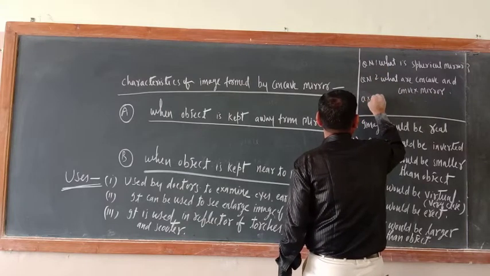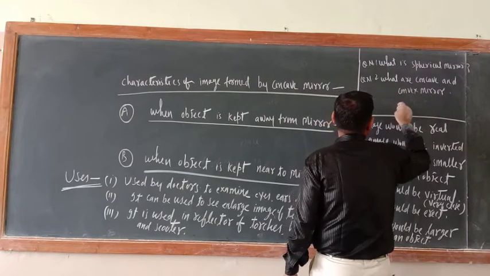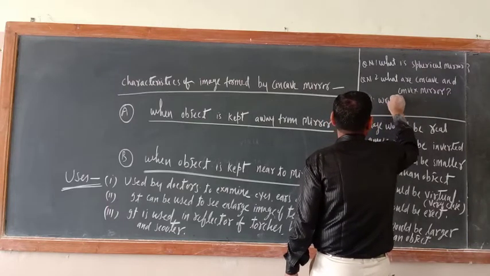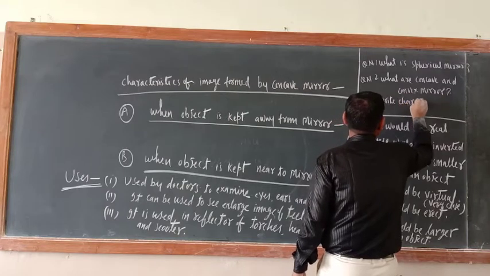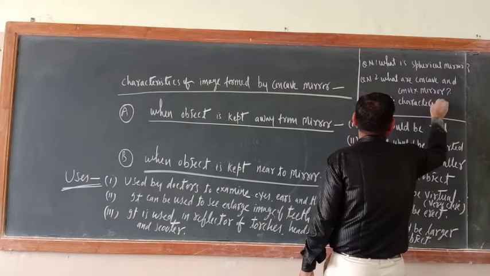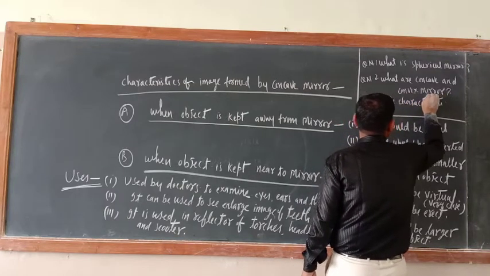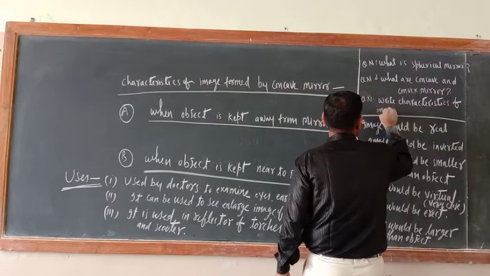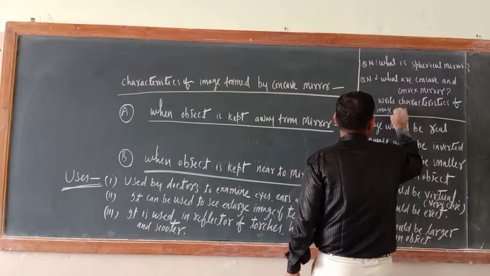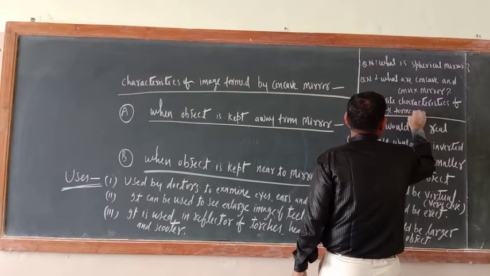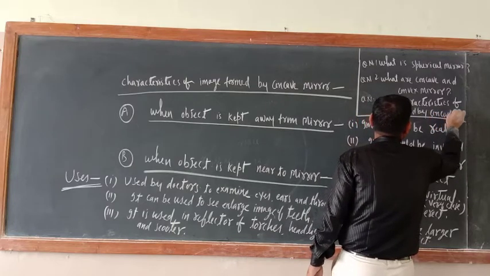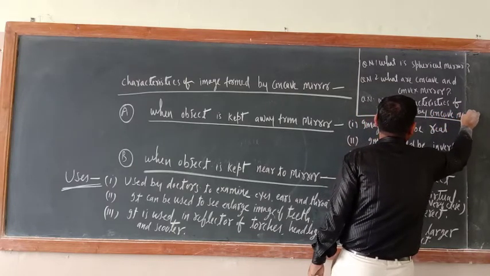Question number 3: write the characteristics of the image formed by the concave mirror.